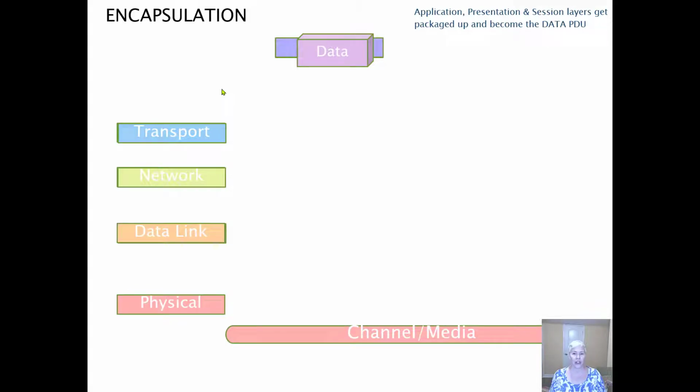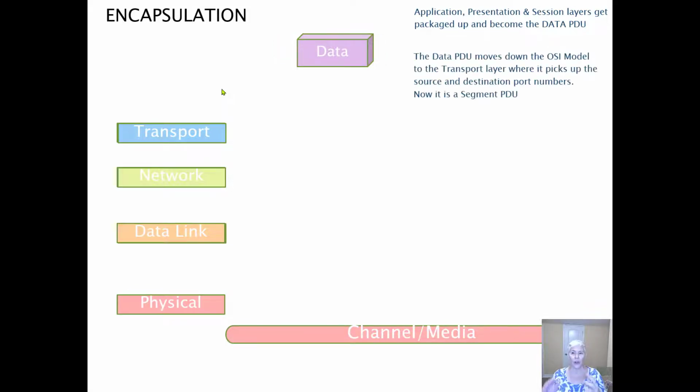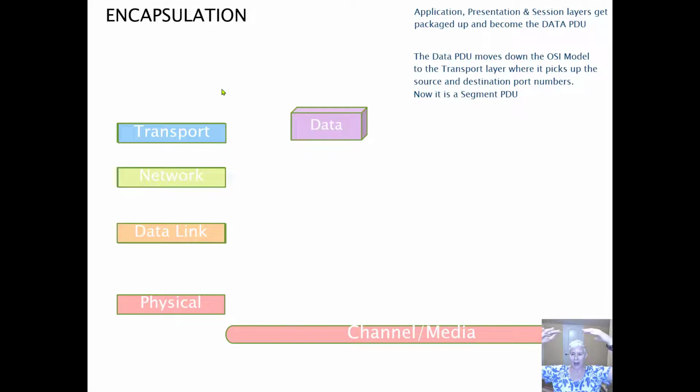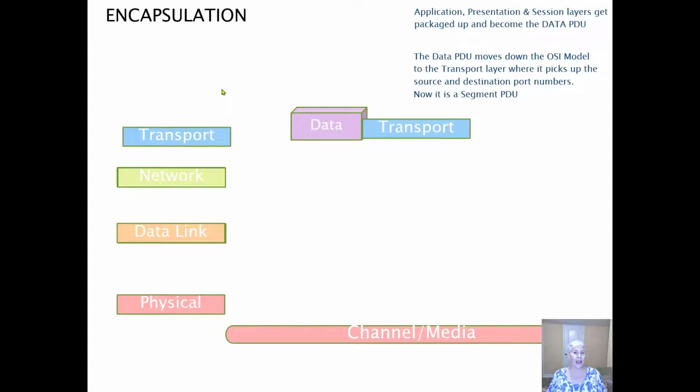Now that it's packaged up, it's going to move down the OSI model to the transport layer. And at the transport layer, it's going to get encapsulated. And remember, encapsulation is this process where I'm wrapping the data with information. This information is needed so that the data can actually move over to the source.